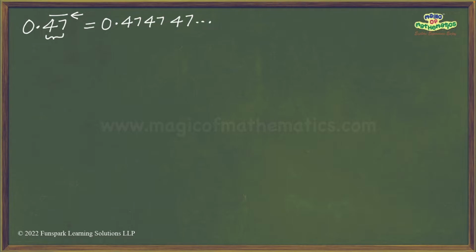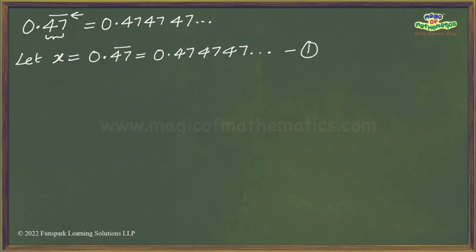This is different from our previous example where we had just one digit recurring. As before, let x equal 0.47 recurring, that is 0.474747 and so on. I will label this equation as 1.